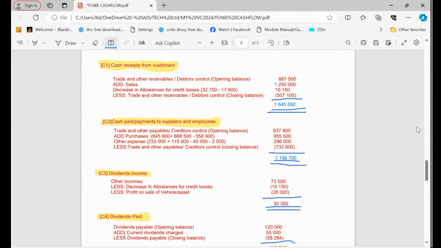Yeah, I'm still getting the same, so it must be them. I get 1,156,700. The figures on this one are not the same. It must be an error from their side.